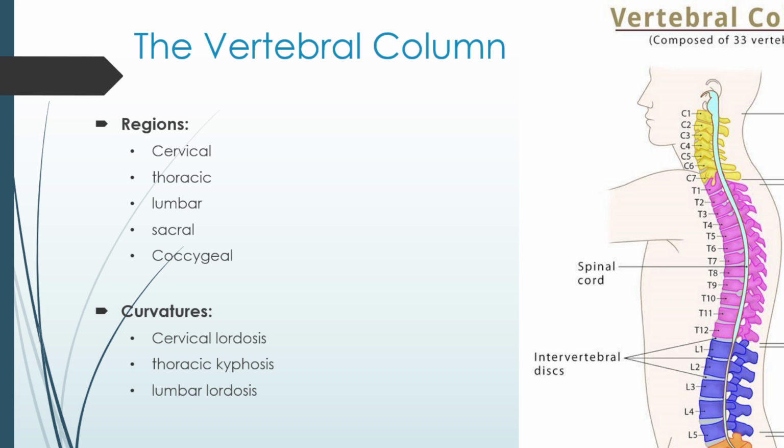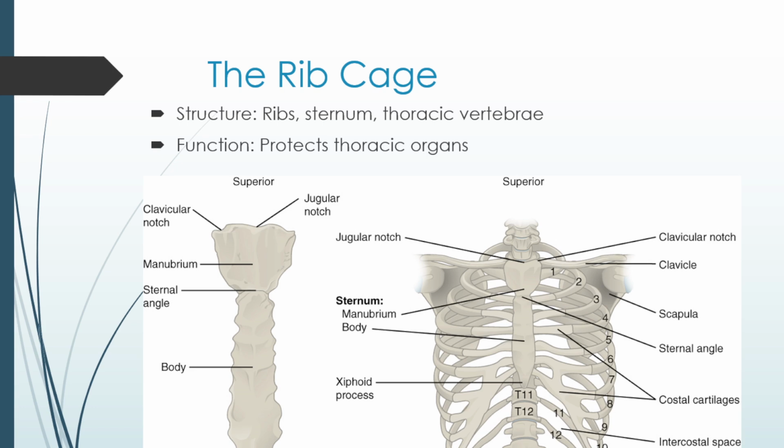Right after the vertebral column, we would like to explain the rib cage. This is right in front of the vertebral column.